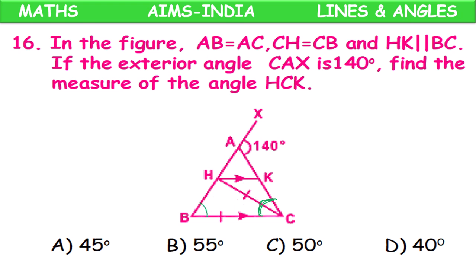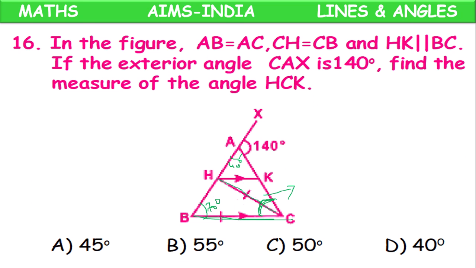And this part, 70 degrees. So this part is 40 degrees. Okay, we have to find only this part. And one more thing, they have given BC equal to HC.